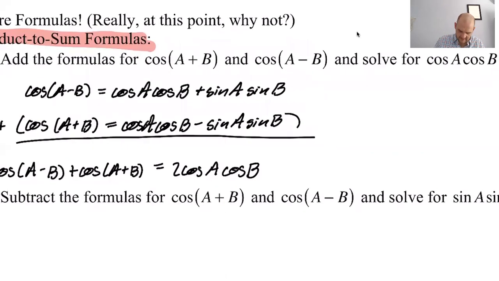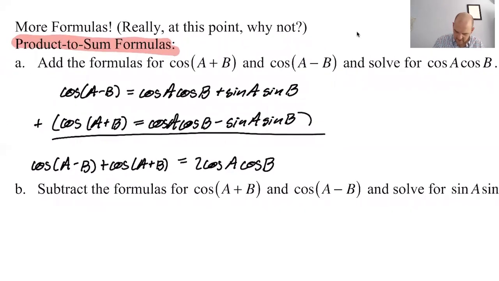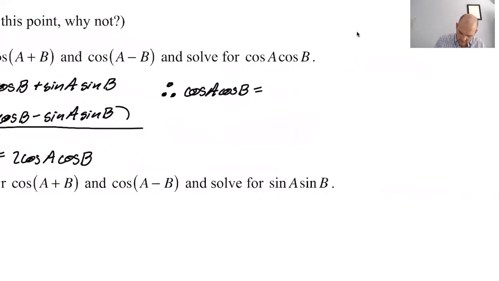Okay, and then I want to solve for cosine a cosine b. So therefore, cosine a cosine b is equal to 1/2 the cosine of a minus b plus the cosine of a plus b.